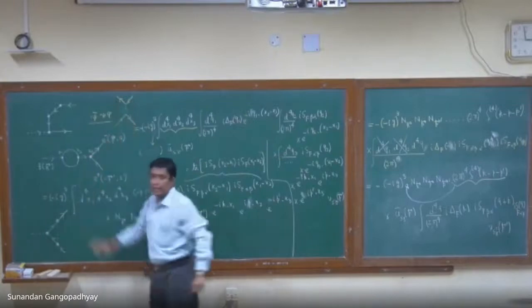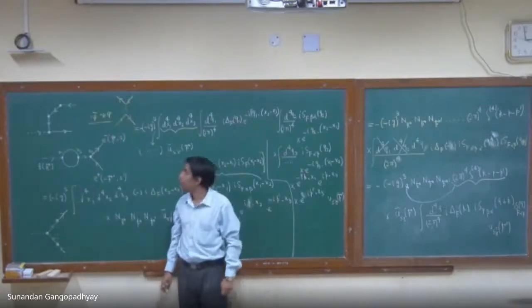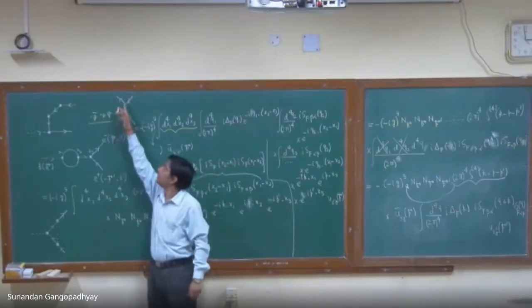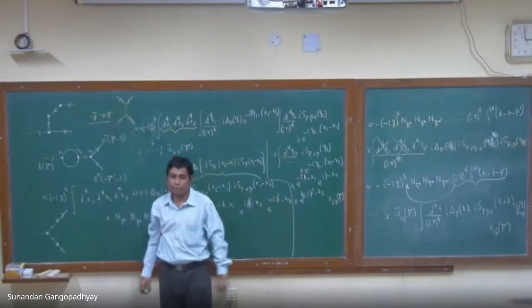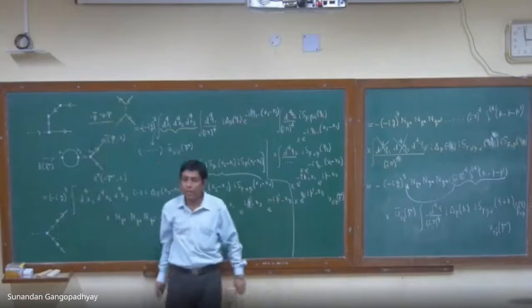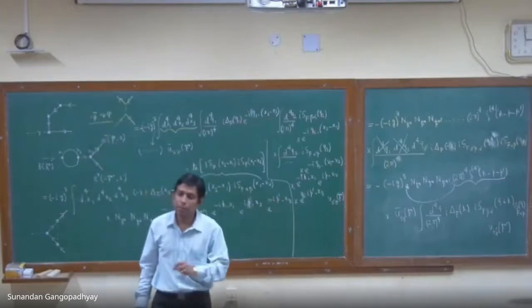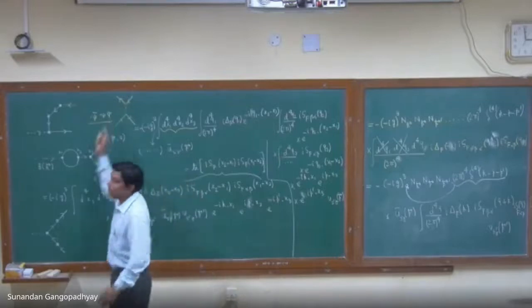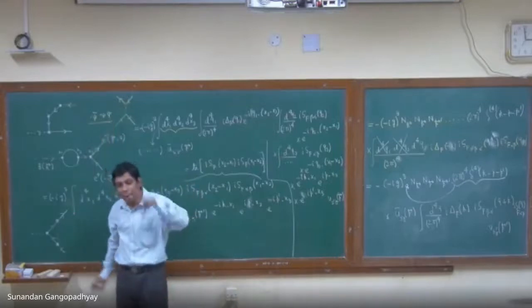So this is the S channel, and this is the mediator. It's exchanging some particle. I am assuming this scalar field to be a massive particle. Massive particle means you can understand that the potential must be damped by that mass factor.